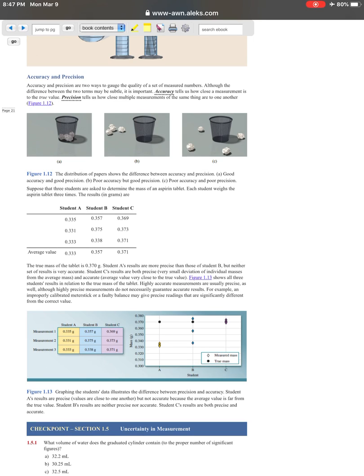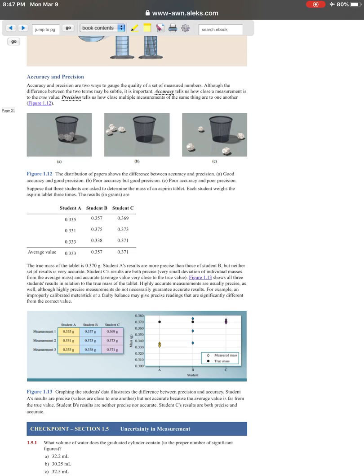So the closer they are to each other, the higher the precision. The closer they are to the basket, the higher the accuracy. So in picture C, they're all away from the basket, so very little accuracy, but they're also far from each other, so you were not very precise either. So far from each other, low precision.